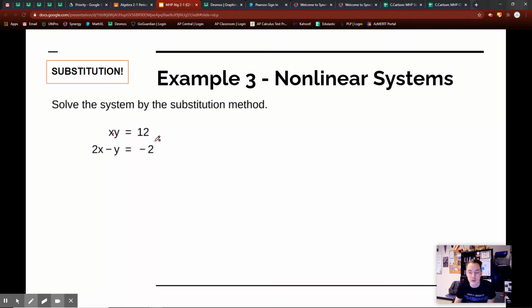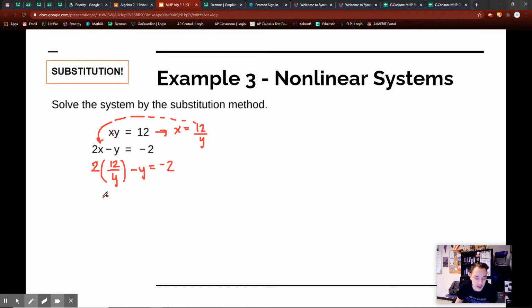Let's try to solve it this way. So let's get x by itself. So x equals 12 all over y, okay? Which means I need to then substitute that in for that. So let's do that. Okay, so that means I have 2 times 12 all over y, and then I have minus y equals -2.